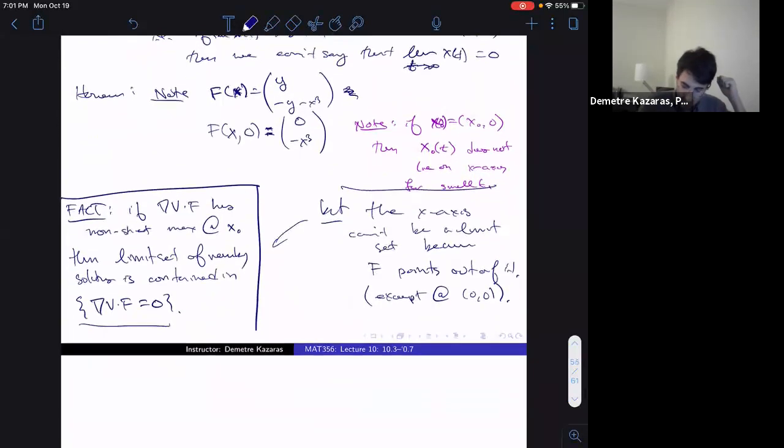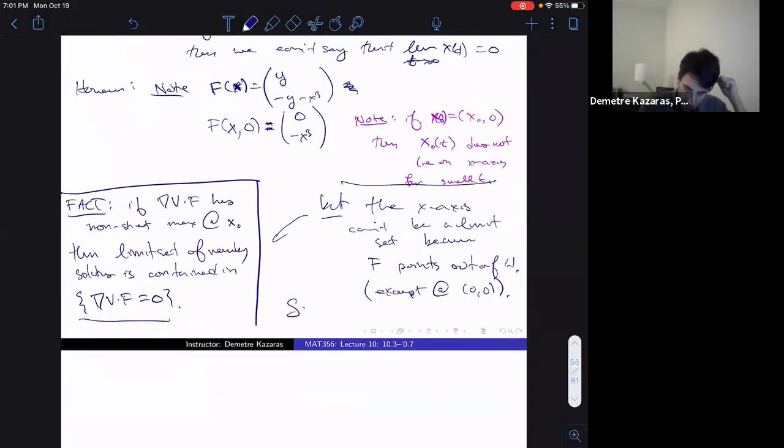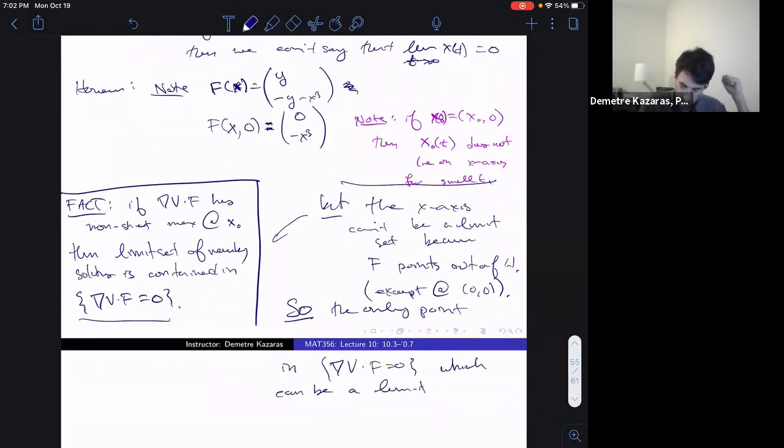Okay, the upshot is that the only point in the set where the gradient of V dot F vanishes which can be a limit point is the origin.